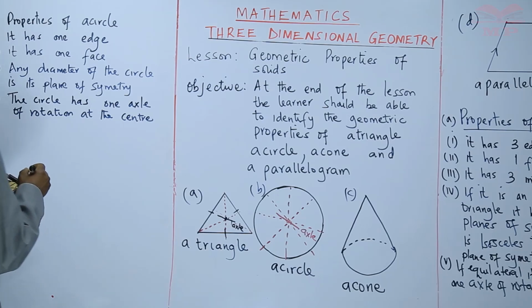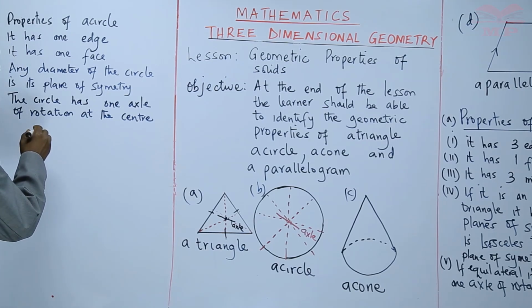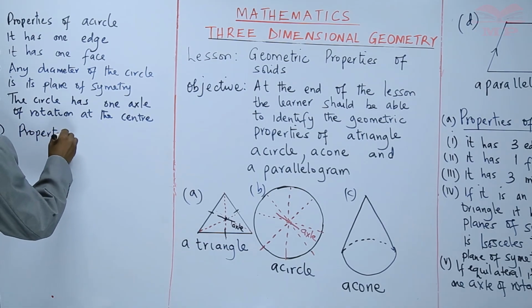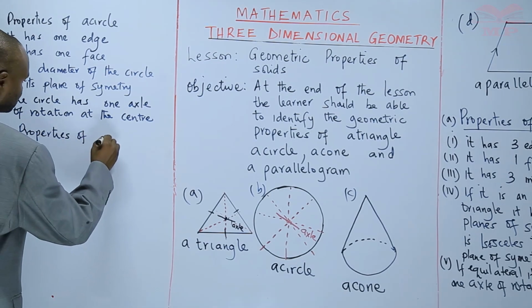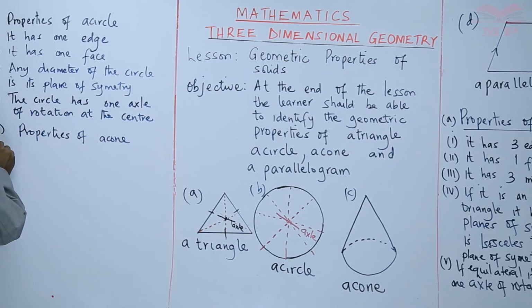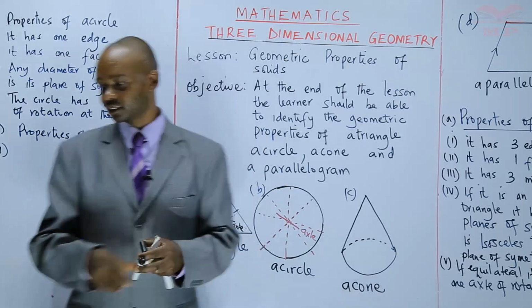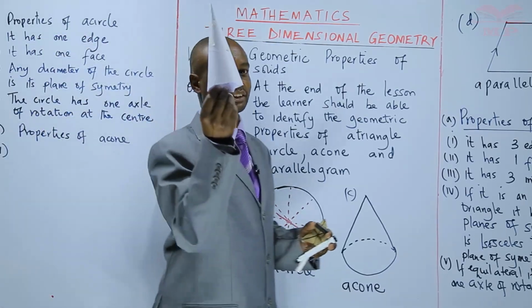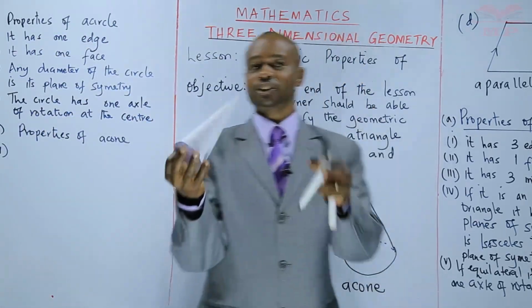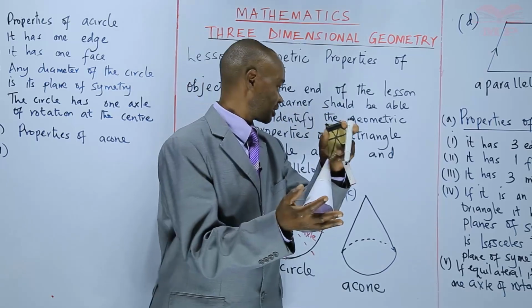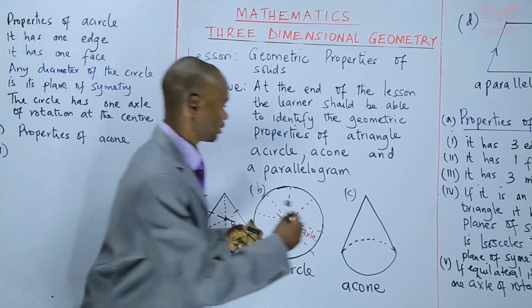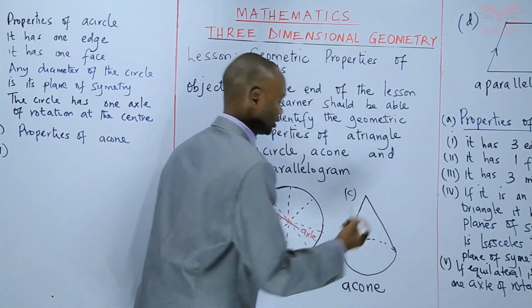We come to a cone. Properties of a cone. Number one, we assume it is covered at its base. We assume we have the circular face and the curved face.